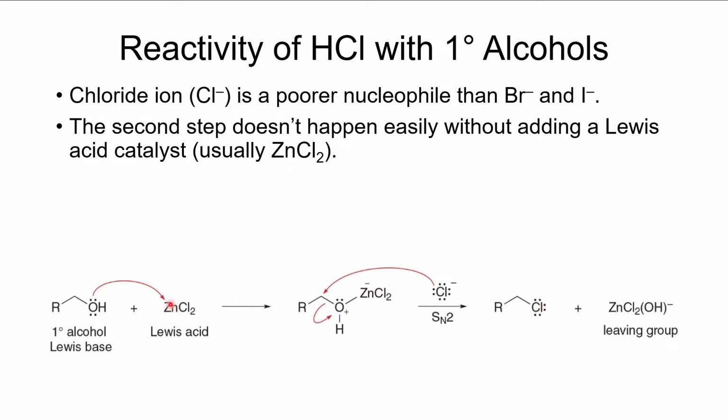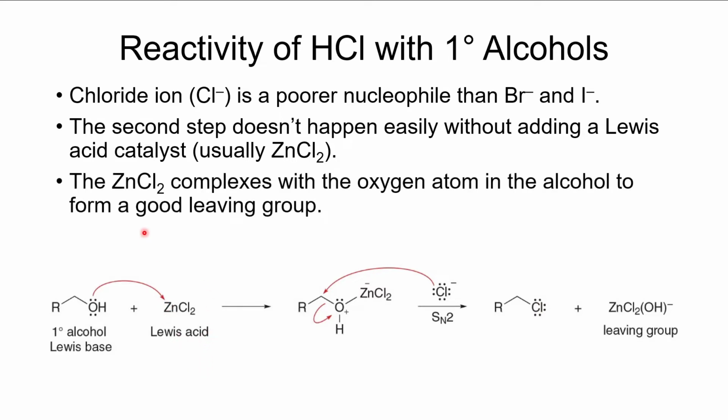But we need to add something in there as a Lewis acid to help the reaction along. So the zinc chloride will complex the oxygen, and when it complexes that oxygen, then the chloride can come in and react with the carbon in that SN2 reaction. It just makes this a better leaving group.